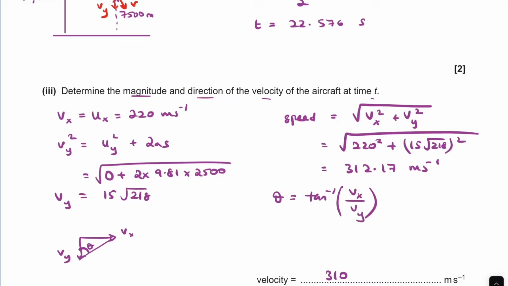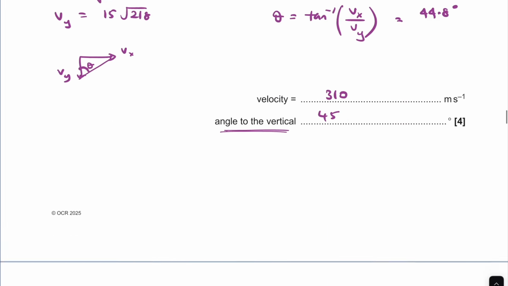Usually it's the other way around. Usually they ask for the angle to the horizontal. So watch out, it's not always to the horizontal. With that, it would give me 44.8 degrees or 45 degrees. Okay, so that part is done.